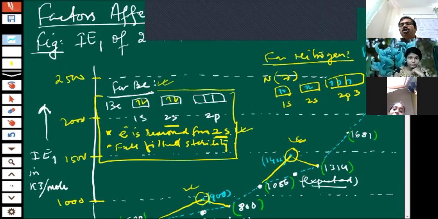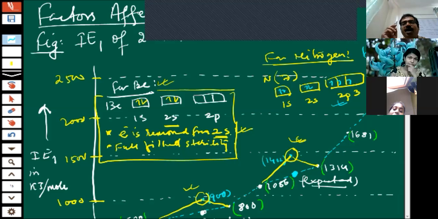So if anybody asks you why nitrogen has a higher value than oxygen, what will your answer be? In the case of nitrogen, the ionization energy value is higher than expected, because the electron which is removed is removed from a half-filled stable p subshell.